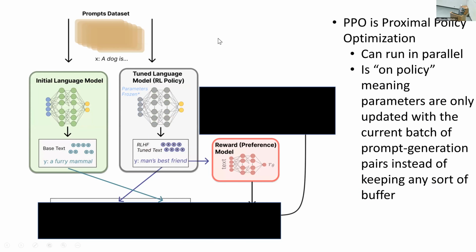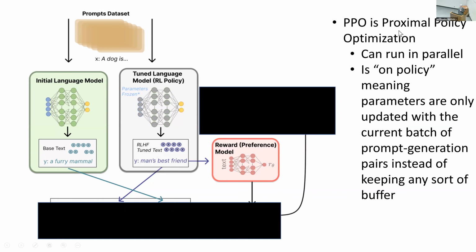Okay, so I'm crossing out some of the stuff, but I'll go back to the stuff that I blacked out for a bit here. So PPO is proximal policy optimization. It's actually originally based on summarization. The version they use is maybe a little different in InstructGPT, which I'll talk about a bit, but they use gradients basically from the original language model.